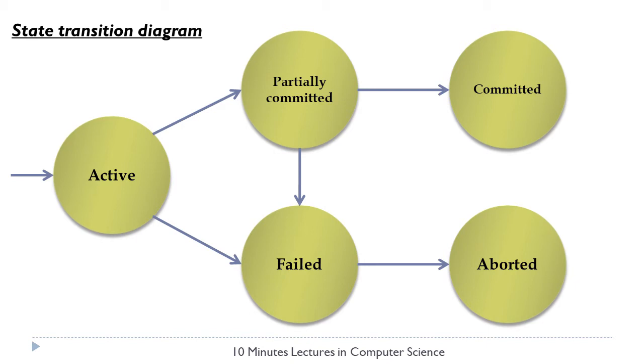And the transaction is in committed state if we execute the commit successfully. If any failure of instructions or anything happens, the transaction may go from active state to failed state or even from partially committed state to failed state. Once a transaction reaches failed state, it has to be aborted. That is, it has to be rolled back to the old consistent state.